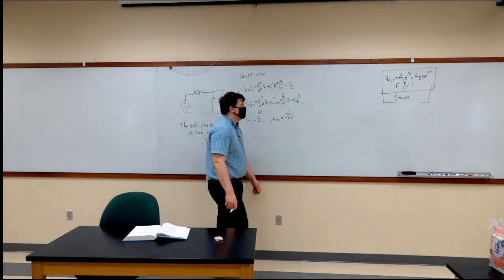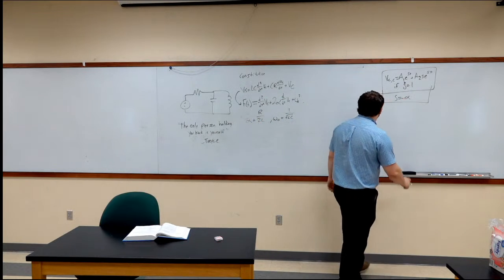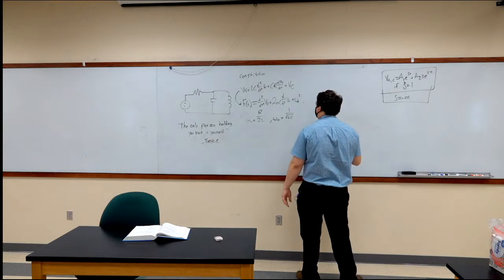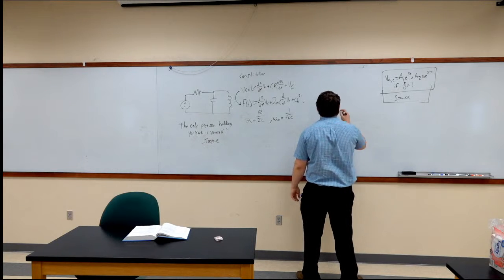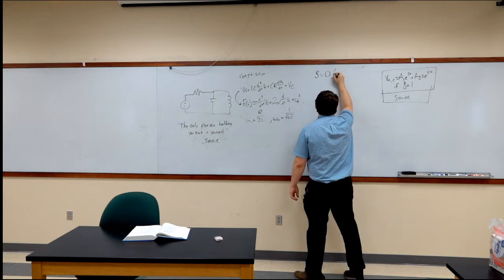Because if alpha is equal to 0, your zeta value is going to also be equal to 0, because it's alpha over omega naught.